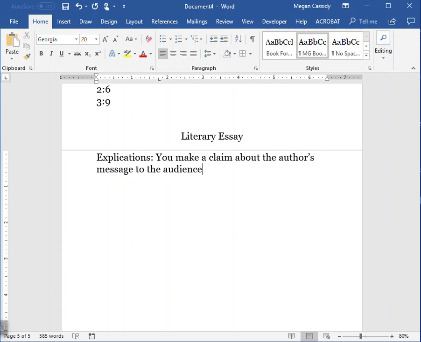Message is not necessarily the moral of the story. It's just something that the author wants the audience to think or believe or know by the end of the story.